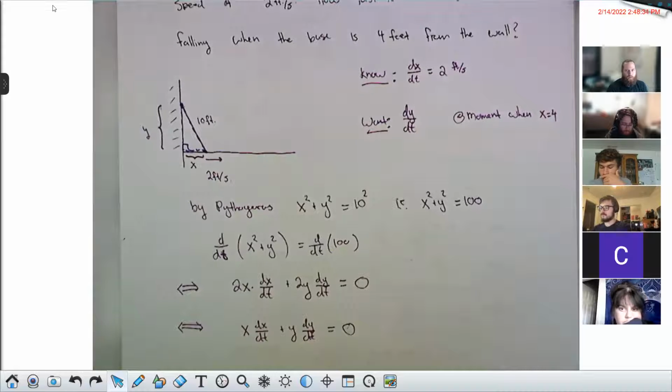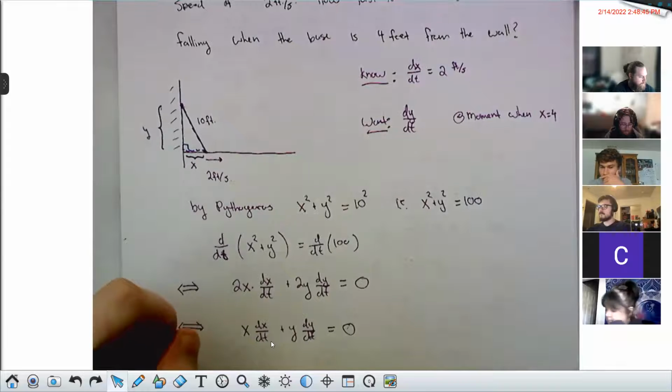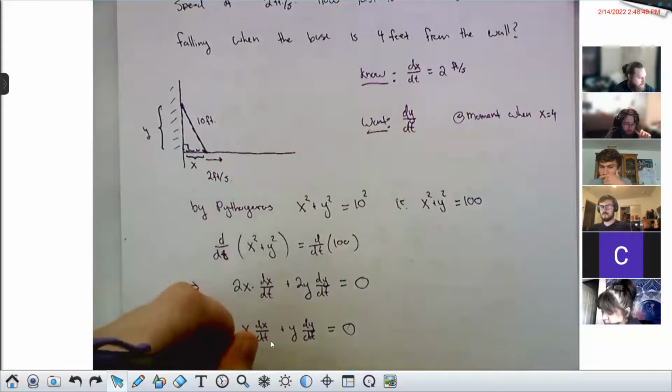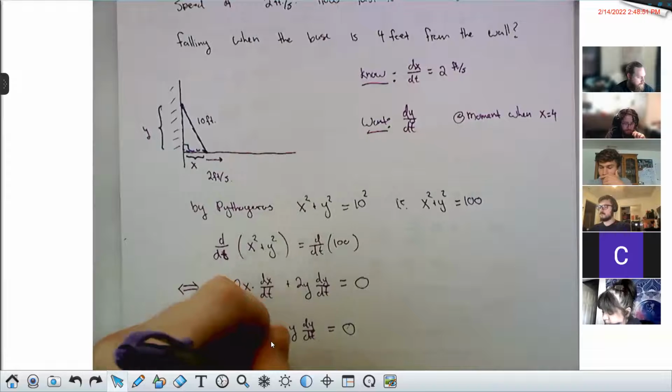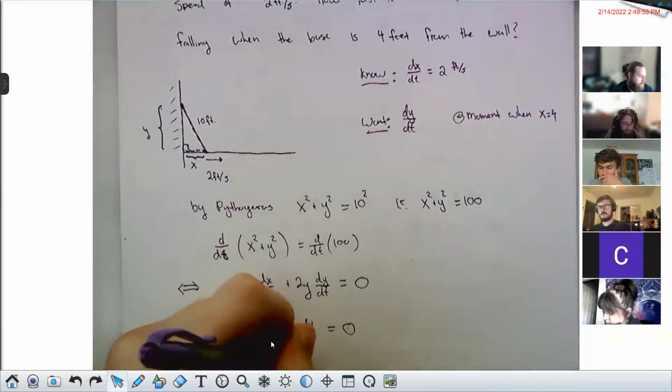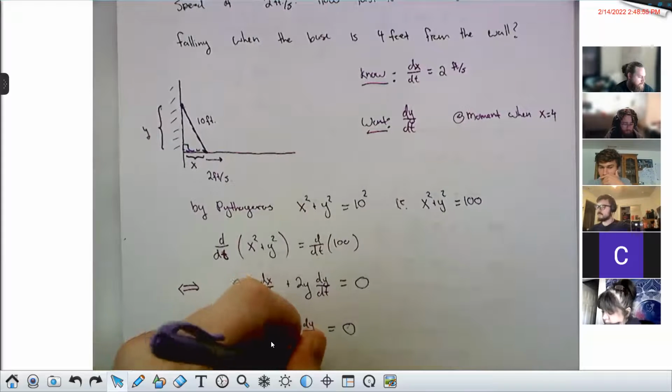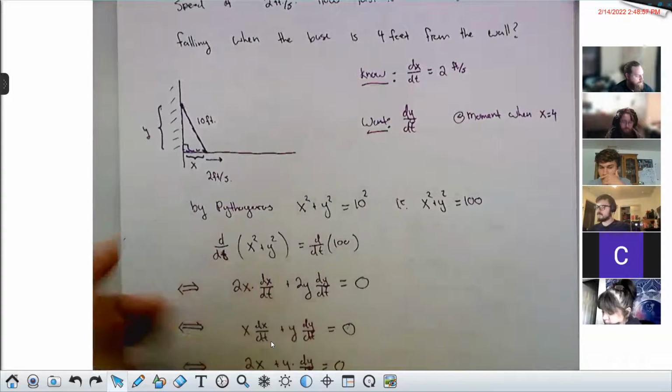I know that dx/dt is always going to be 2. So I can replace this dx/dt by 2. So it becomes 2x plus y times dy/dt equals 0.